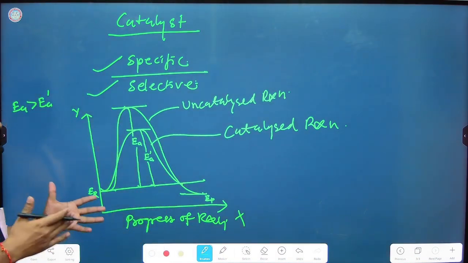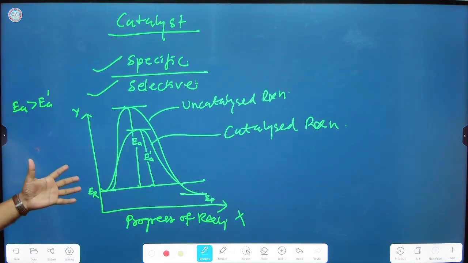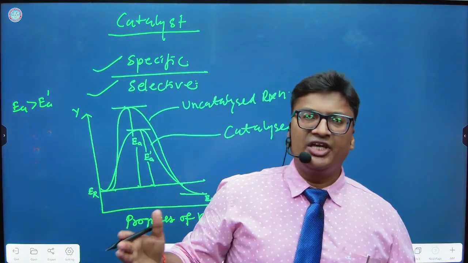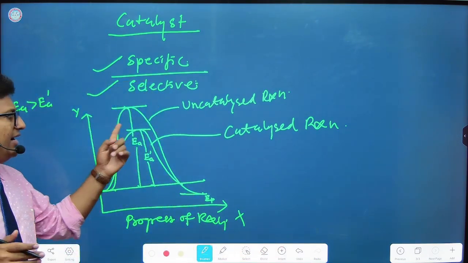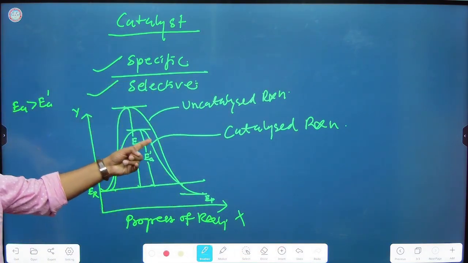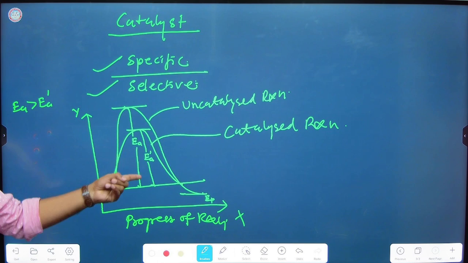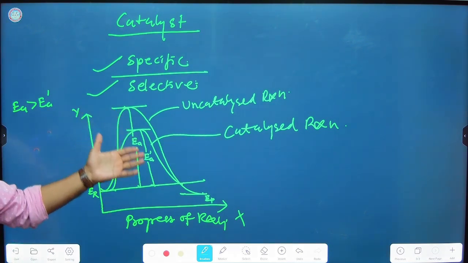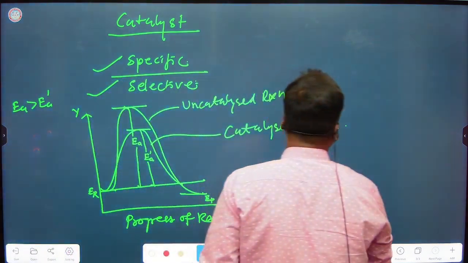If multiple reactants are involved in a particular kind of reaction, once the catalyst is added, what happens is that it can adopt not only a single alternative path, but different alternative paths of reduced activation energy, and the concentration of the product will be very, very high.